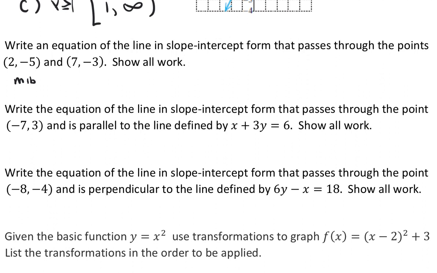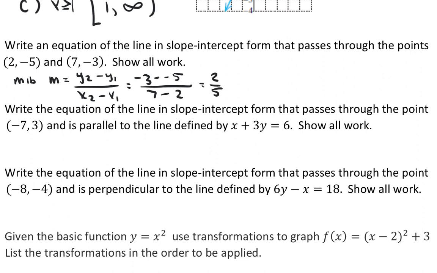And so we know we have an equation for m, m is equal to y2 minus y1 over x2 minus x1, which in this case will be negative 3 minus negative 5 over 7 minus 2, which is equal to 2 over 5. So that is our m.